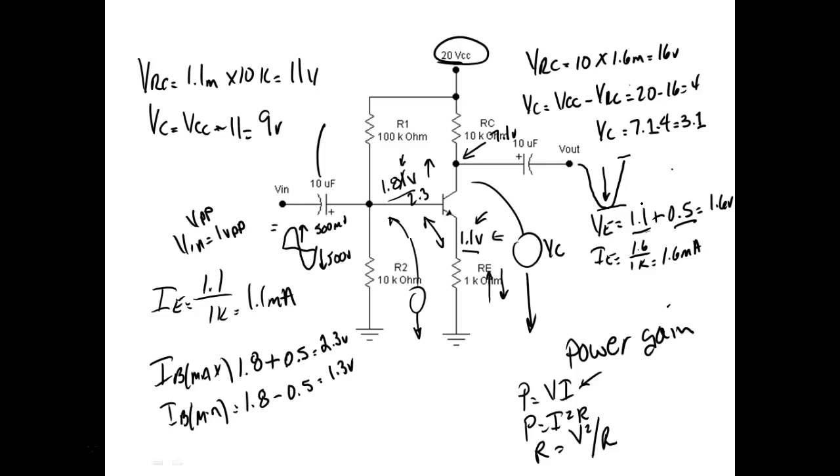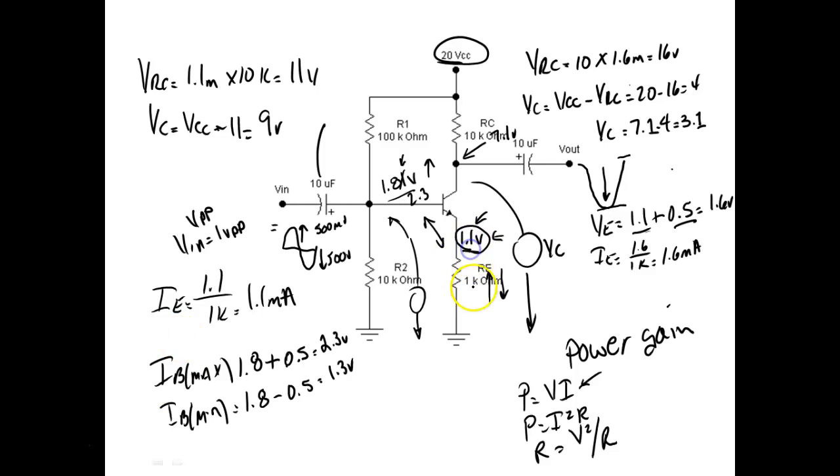The 10, okay, the top, yeah, VRC is 10K times 1.6. Now, originally, when we came over here, before y'all came in, guys, originally what we had was 1.1 volts dropped across here. So this is what we started out with. So originally we had 1.1 volts.